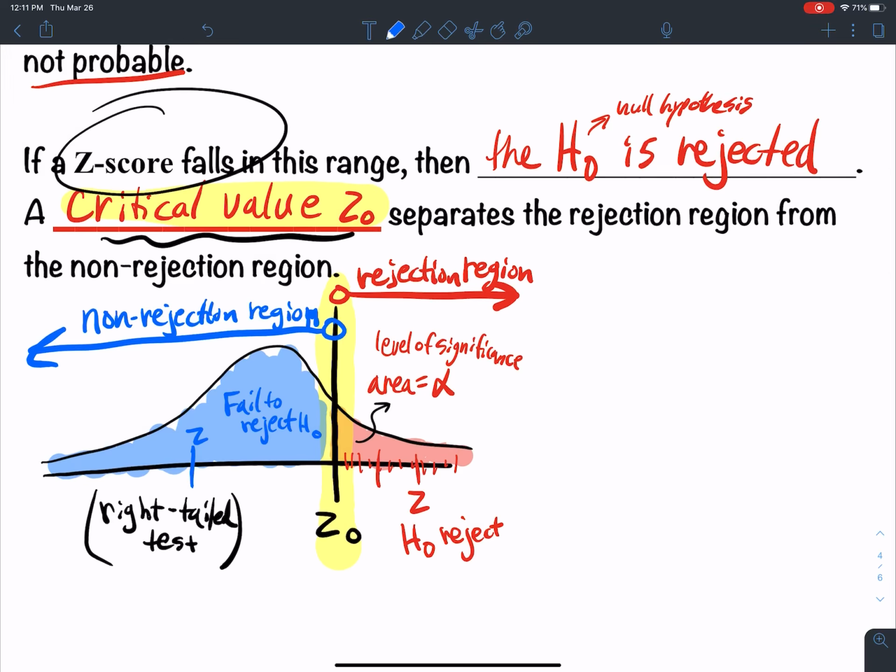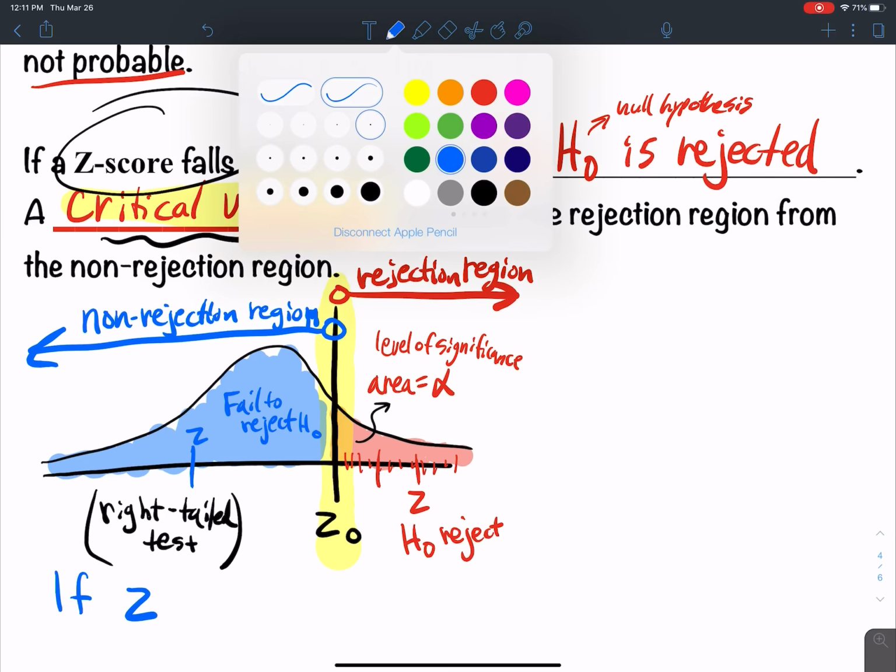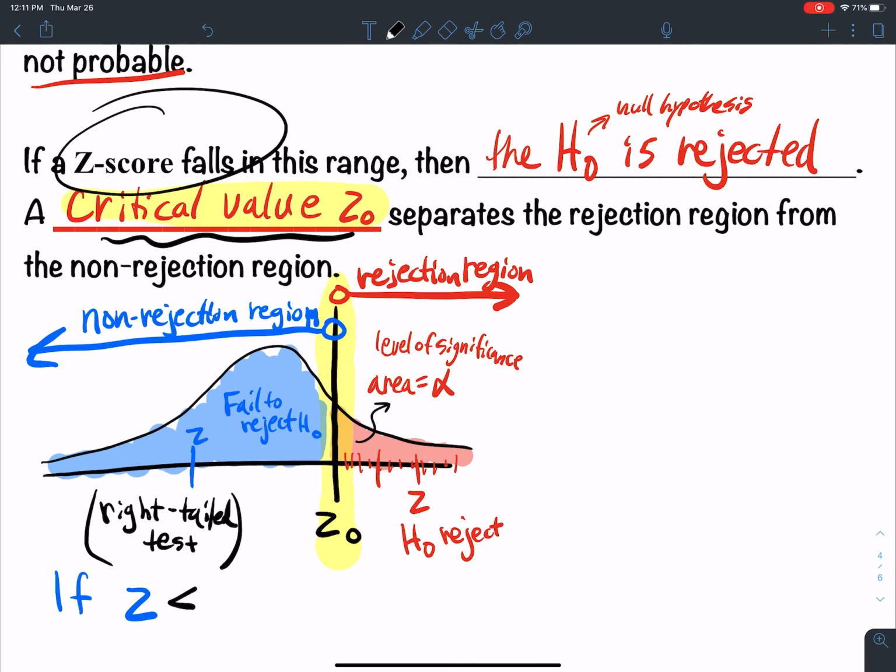So the test says if z is less than z naught, then fail to reject the H0.